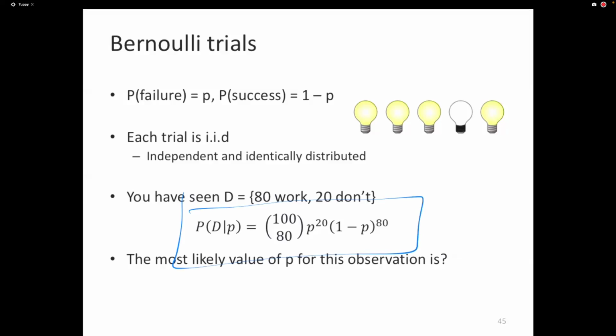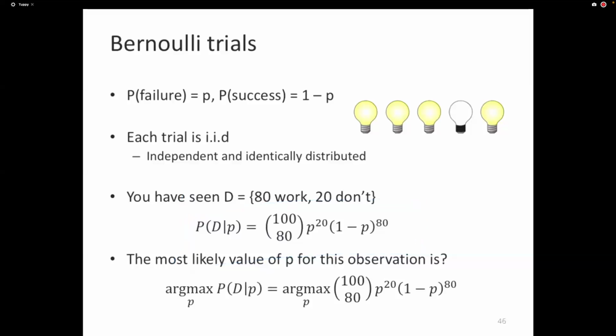We can use calculus and just literally apply calculus to this and solve the problem. So the maximum likelihood hypothesis is simply the probability P that maximizes P of D given little p.